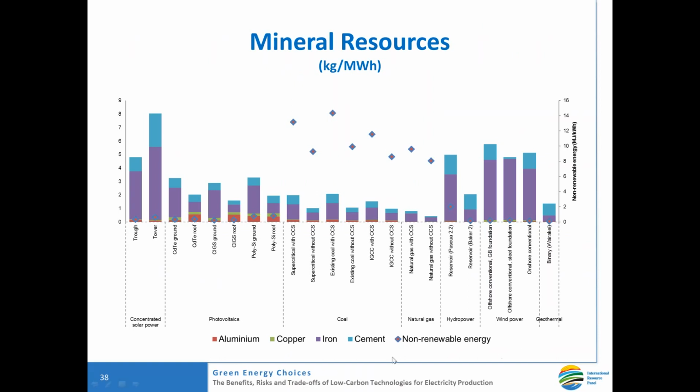We are showing you here aluminum, copper, and iron, and cement. But of course, we also take into account the silicon and the silver and the gold and the indium and tellurium that is needed to fabricate those different PV panels and to mount the material and so on. And so this is comprehensively included in our assessment.